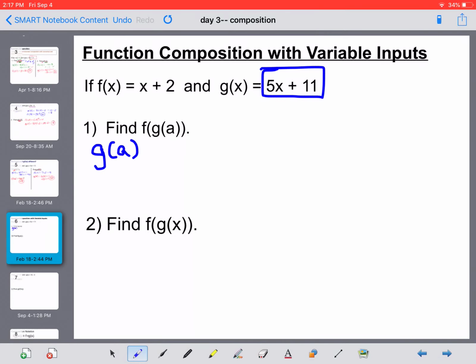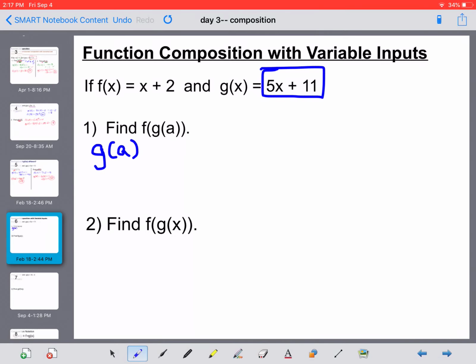Now, with addition here, as we've seen before, I didn't really need those parentheses, but I'll go ahead and take them away now, leaving me with 5a plus 11 plus 2, and a final answer of 5a plus 13. Again, remember that when we substitute a variable into a function, oftentimes the result that we get is not a number, but a variable expression.